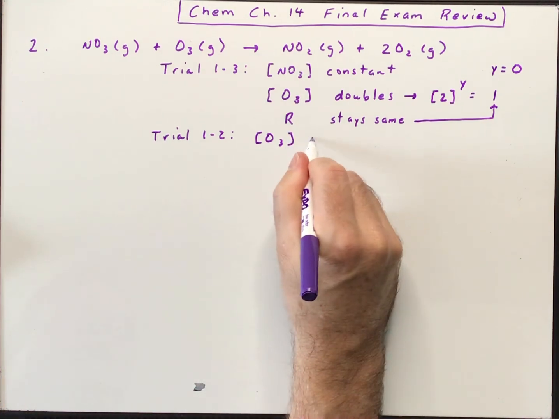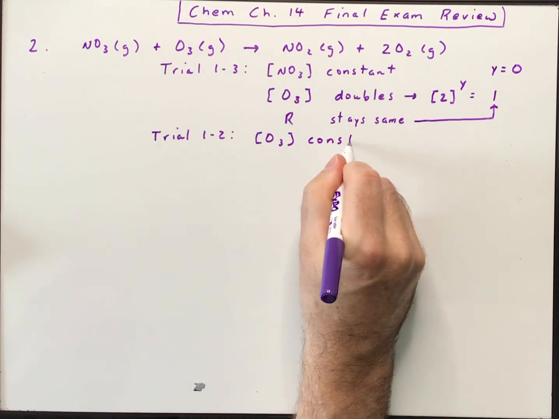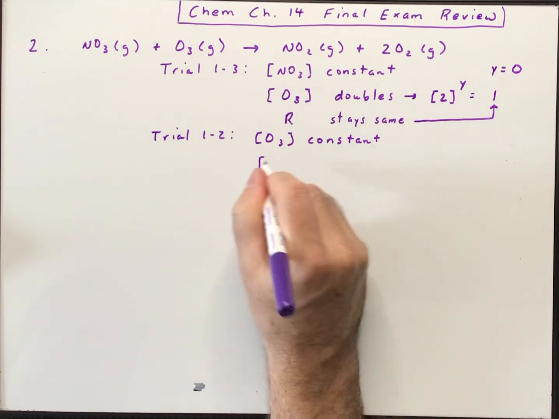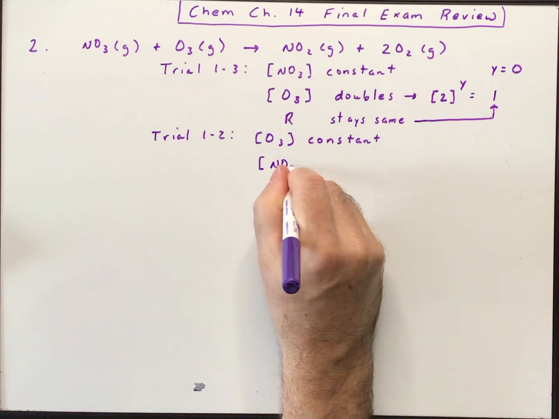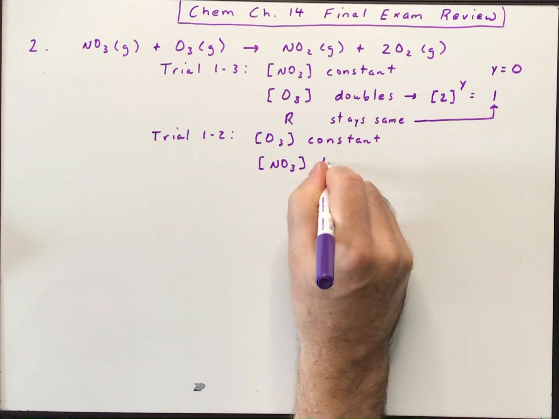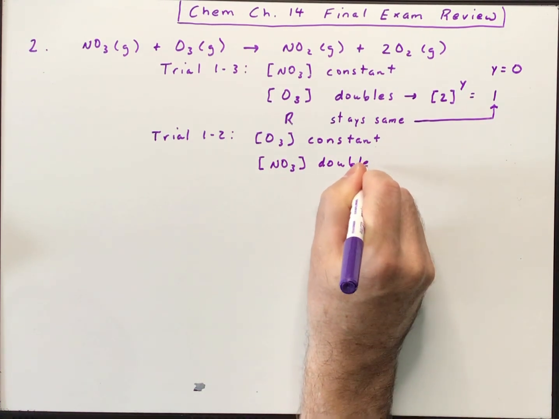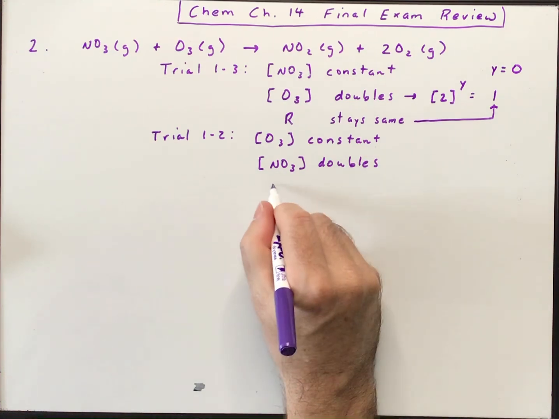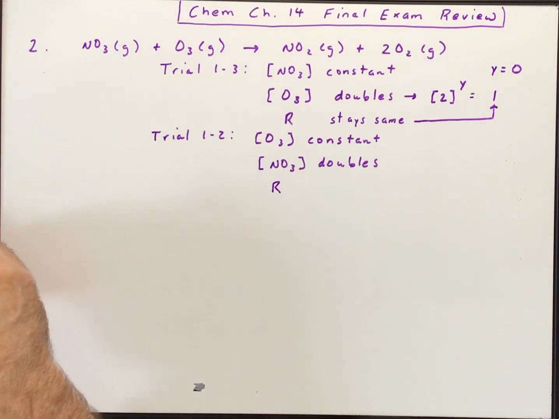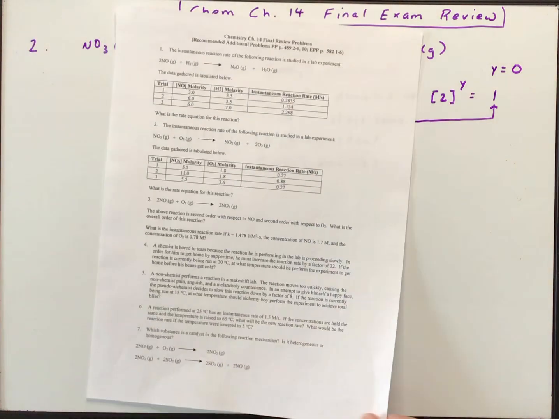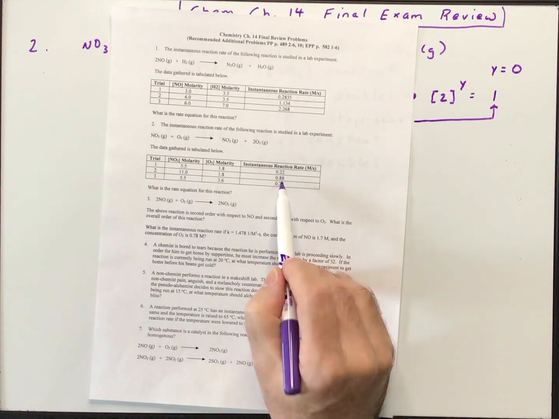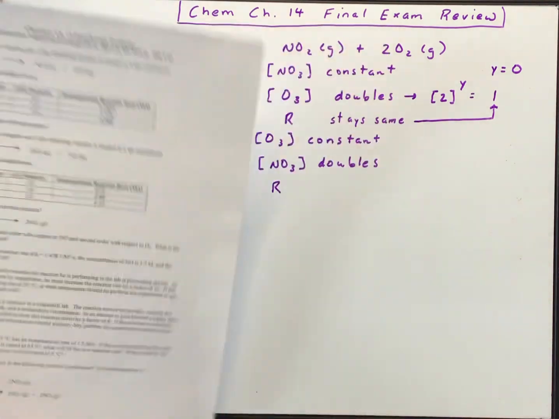The concentration of NO3 doubles, right, goes from 5.5 to 11, and the reaction rate between 1 and 2 goes from 0.22 to 0.88, so that quadruples.